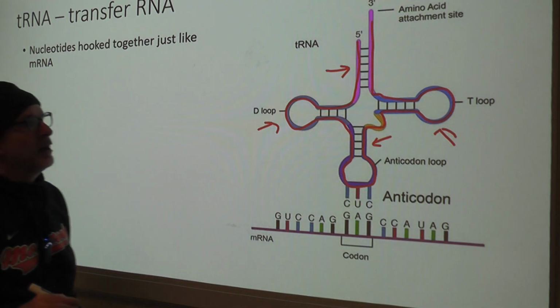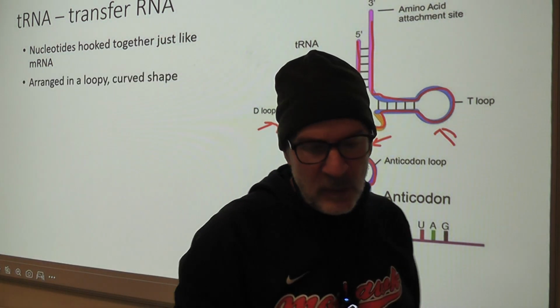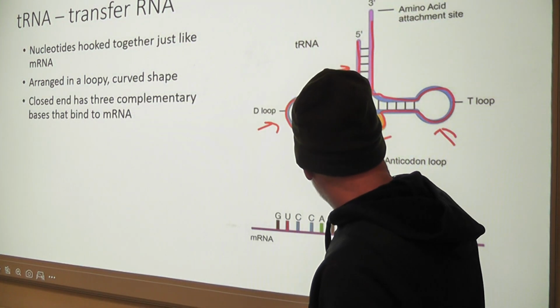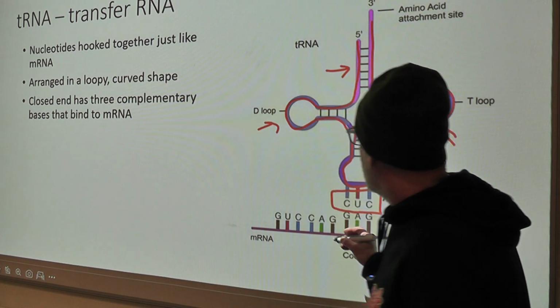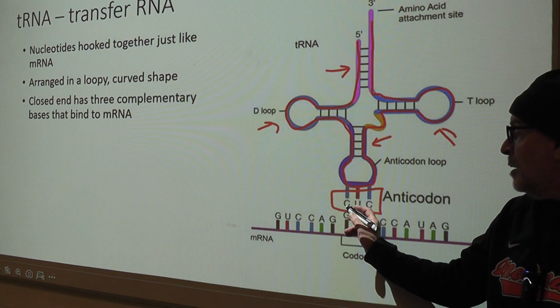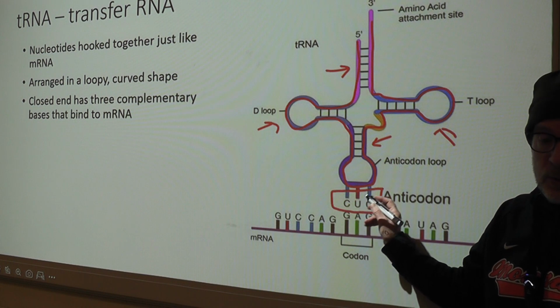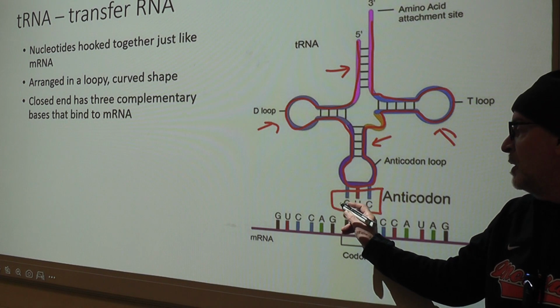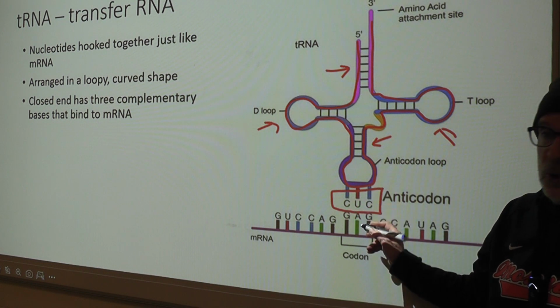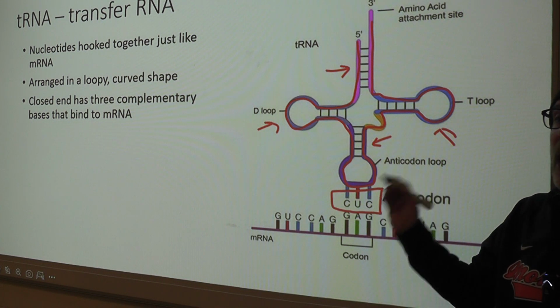The first part is the anticodon. This section right down here has 3 RNA nucleotides. They could be any 3, C-U-C in this case, but it could be G-A-A or A-U-U or U-U-U or C-C-C or any combination.